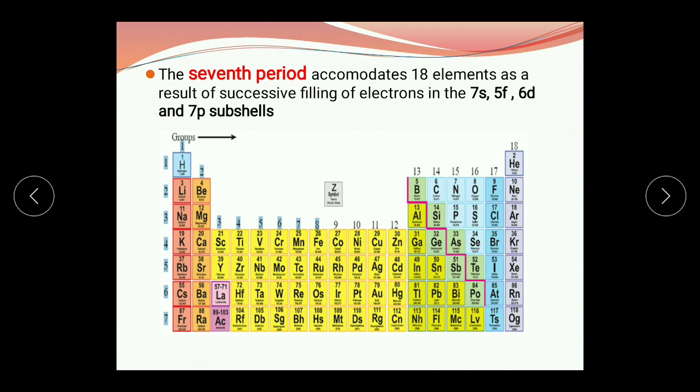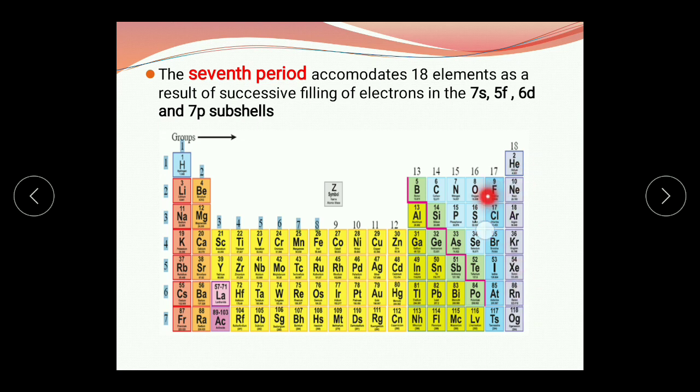That means the total arrangement made by Mendeleev is very, very perfect. Here, if you see the periodic table, there are in all 4 blocks: s block, p block, d block, and f block. Now, the s subshell has a capacity to accommodate 2 electrons, and there are 2 groups in the s block.